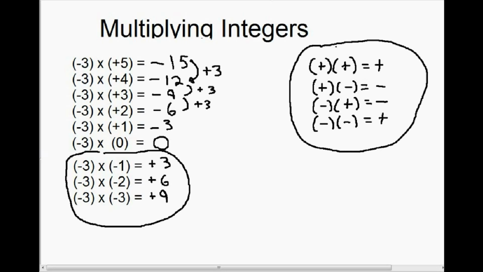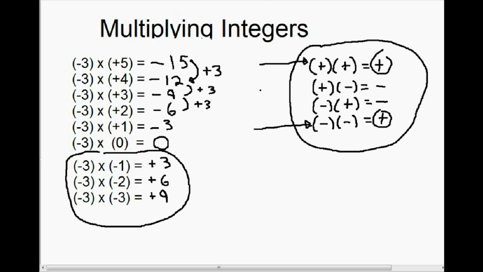So whenever you multiply two positives, the answer is a positive. Whenever you multiply two negatives, the answer is a positive. If you multiply a positive times a negative or a negative times a positive, the answer is a negative. To simplify these a little bit further, you'll notice that if you're multiplying and the signs are the same, so if the signs are both positive or both negative, then the answer is always positive.